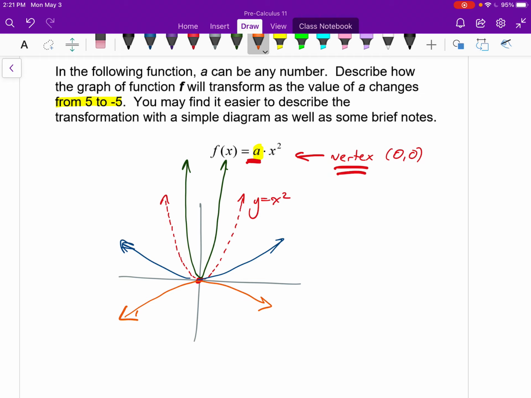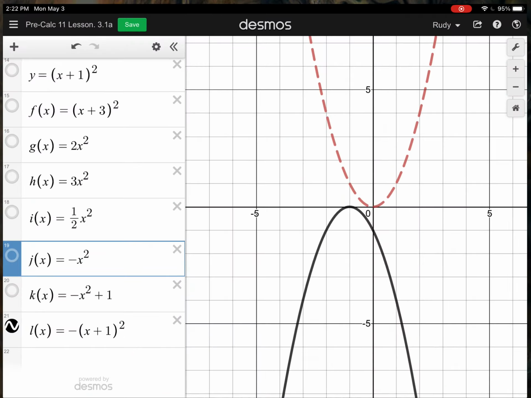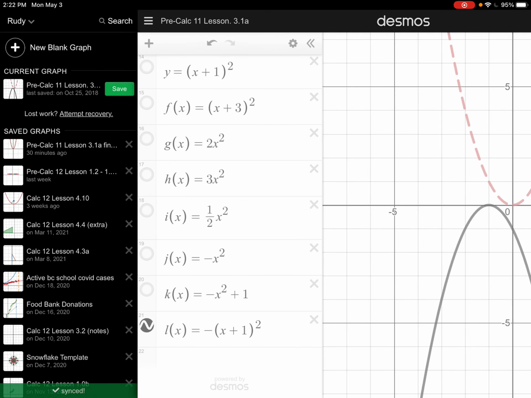And as a gets more and more negative, it gets reflected upside down and stretched. So I'm describing a lot of change here. But one thing they all have in common is they all have a vertex at 0, 0, because no matter what a is, I'm never adding or subtracting a number. And only when we add or subtract a number does the vertex slide around. So with that said, I can show you right here in a moment.